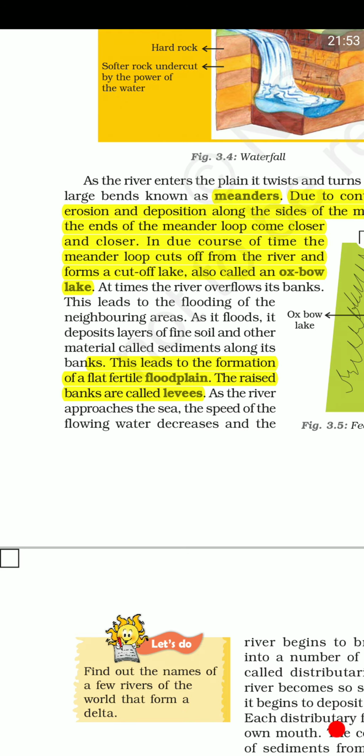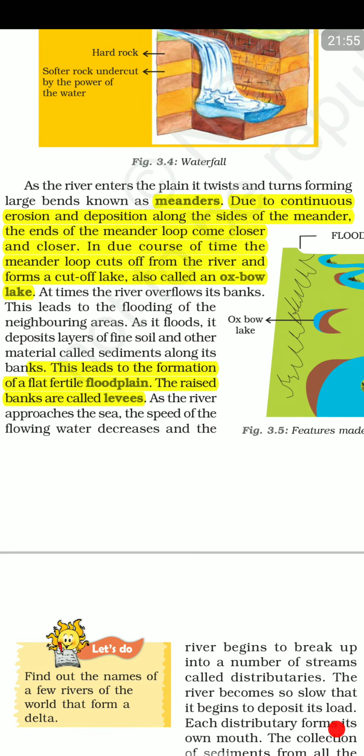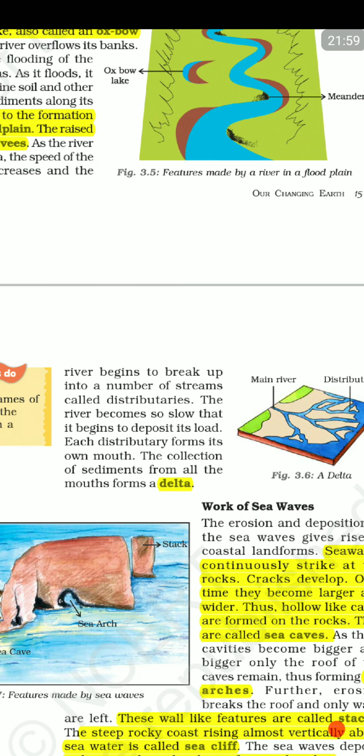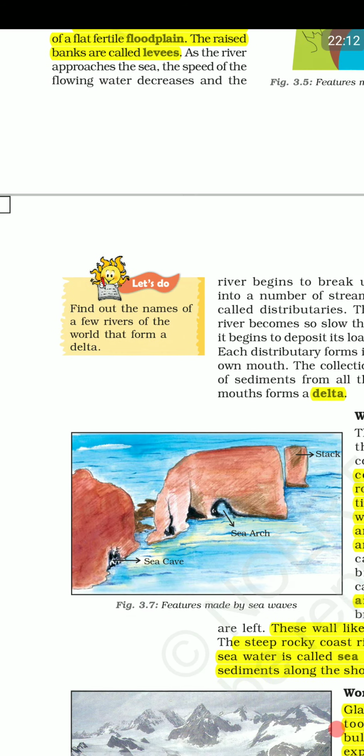As the river approaches the sea, the speed of the flowing water decreases and the river begins to break up into a number of streams called distributaries. The river becomes so slow that it begins to deposit its load. Each distributary forms its own mouth. The collection of sediments from all the mouths forms a delta, right?